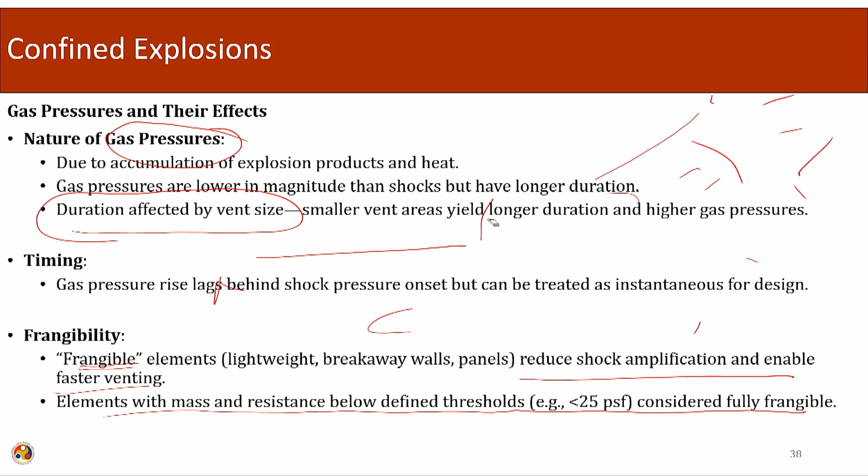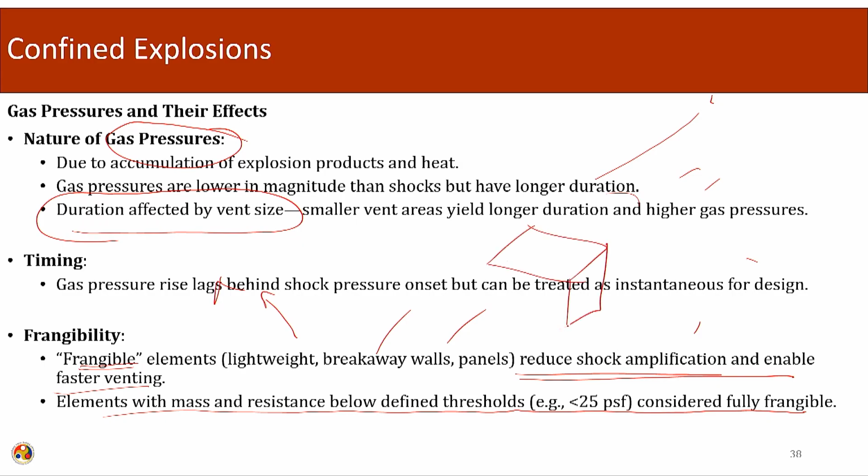So a frangible element barrier is kept, and the main purpose of this is to reduce the shock amplification, and it will break away. So it will act as a venting element. As I said, due to the operational nature, the structure might not have vents.